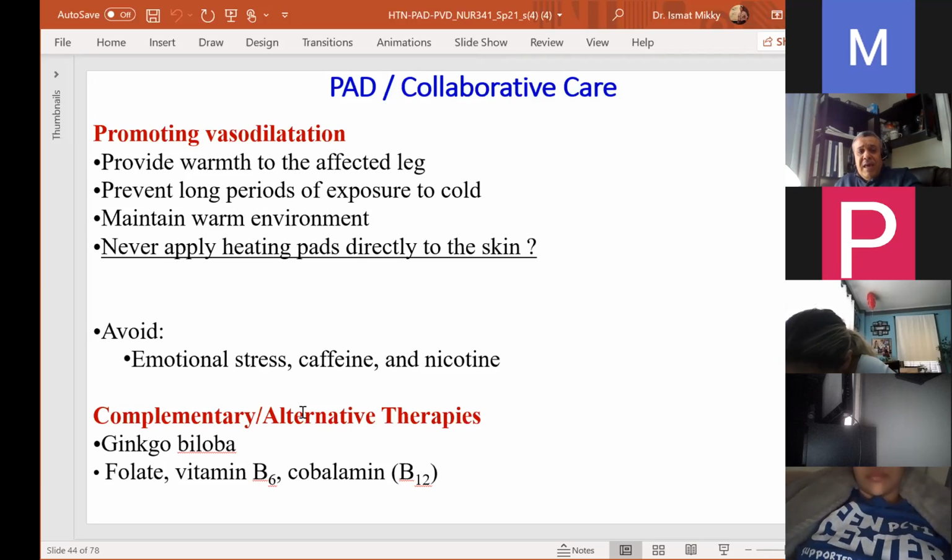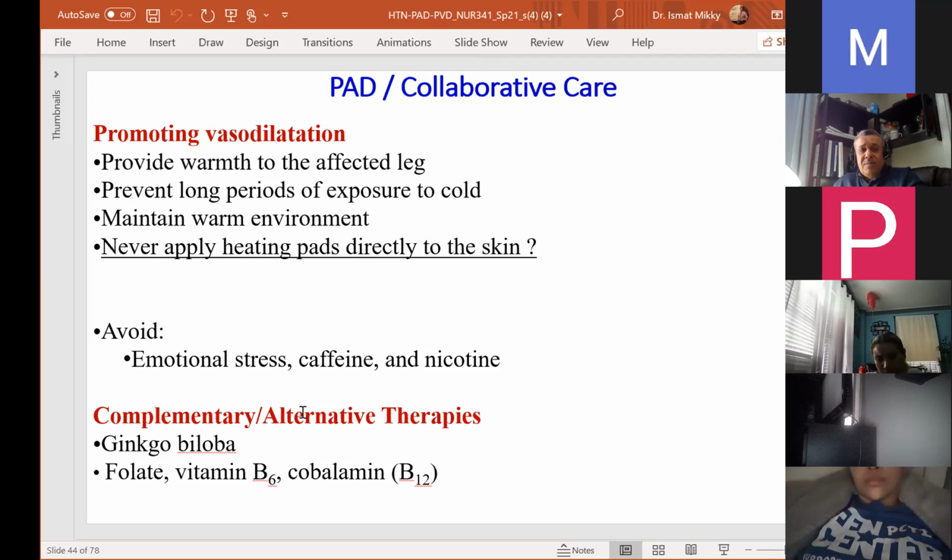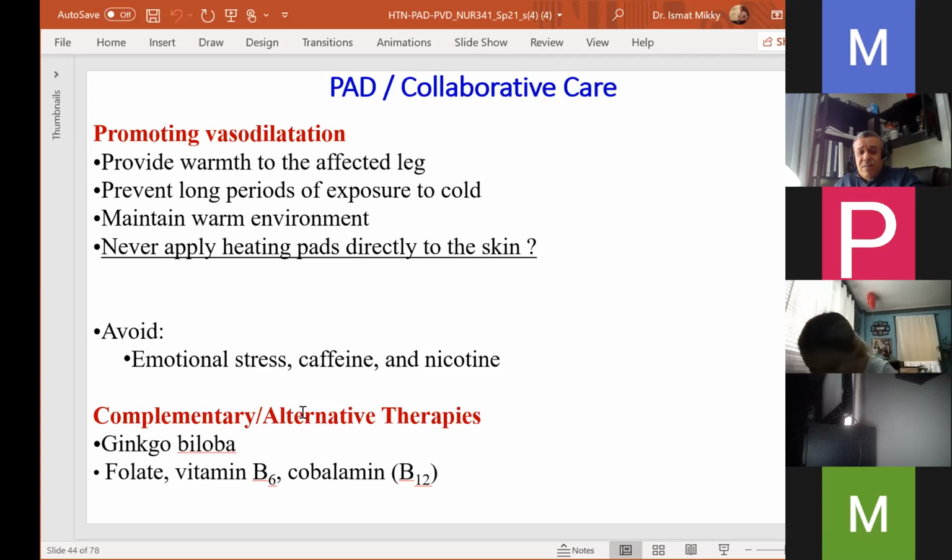The CAM therapy, complementary alternative therapy, can include ginkgo biloba. That's effective in increasing walking distance for patients with intermittent claudication. Folate, vitamin B6, and cyanocobalamin, which is vitamin B12, also lower homocysteine levels.